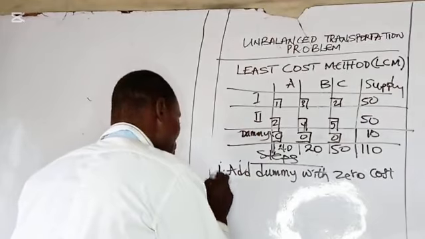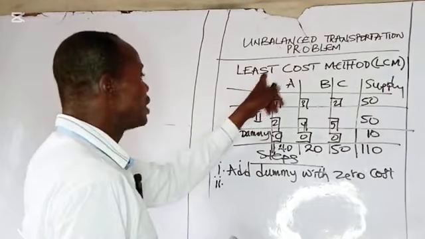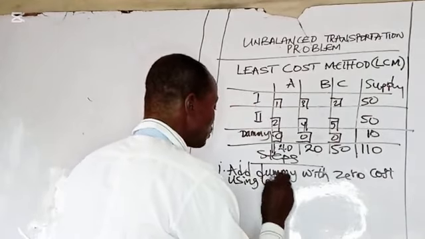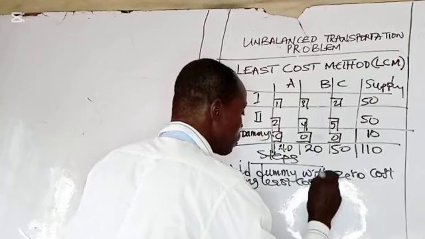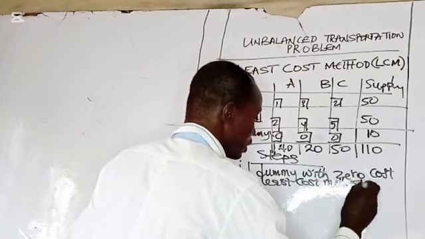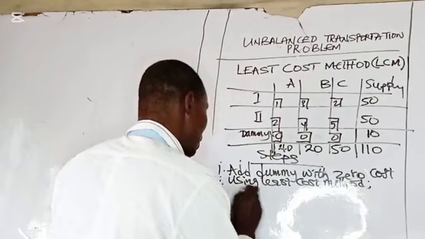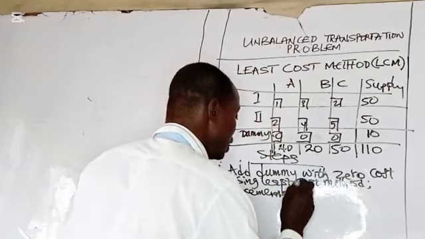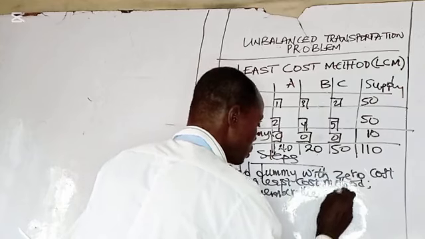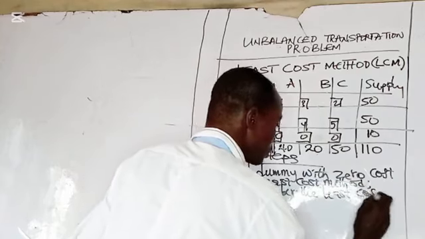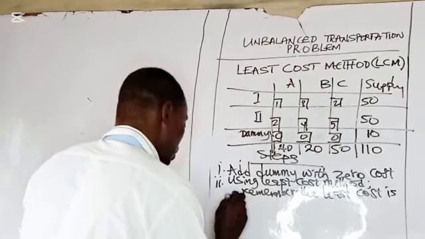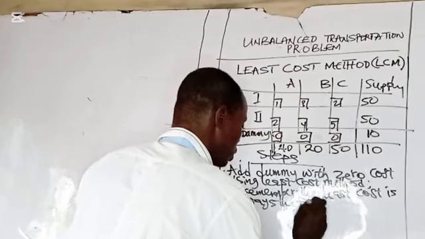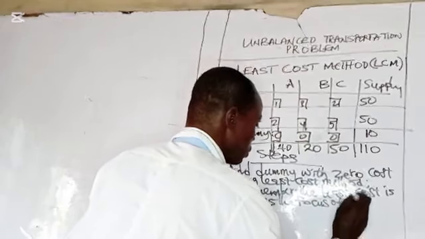Step 2. Remember, you are using the least cost method. So remember the least cost is always the focus of allocation.